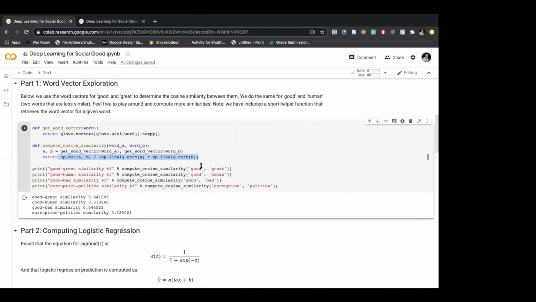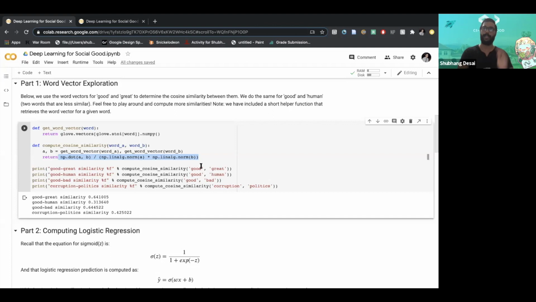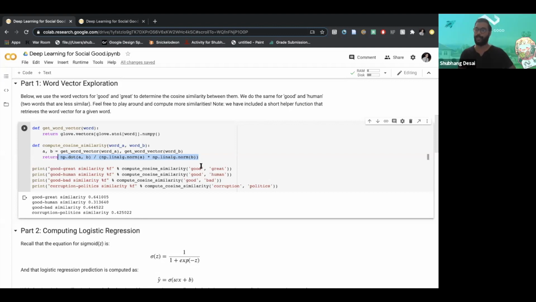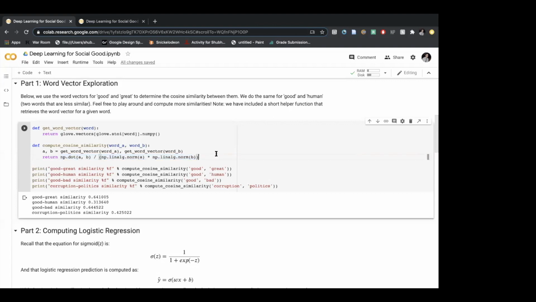Got it. It's bounded between -1 and 1, right? So I guess two anti-parallel vectors would be -1. Wait, so then it's possible to get a negative number as well? Yeah, it can be between -1 and 1, essentially, because we're normalizing the numbers. So would a negative number actually be a bigger difference between the two words? That's a good question.